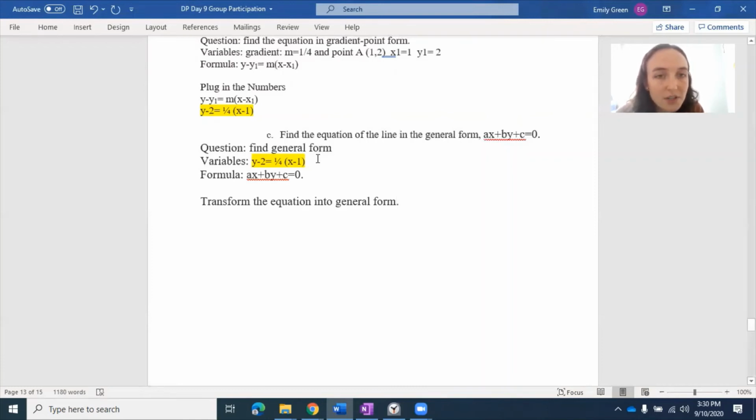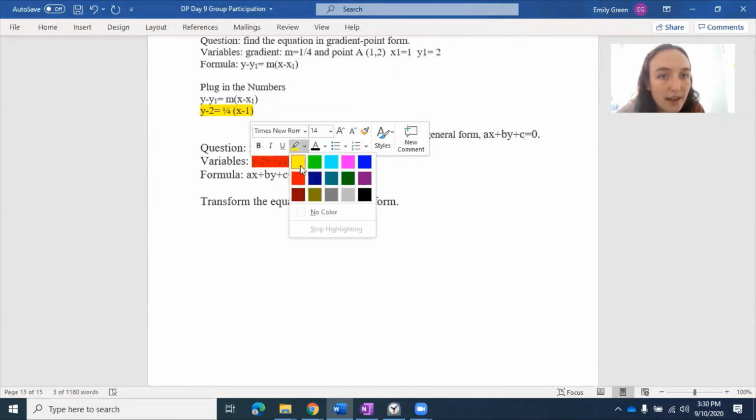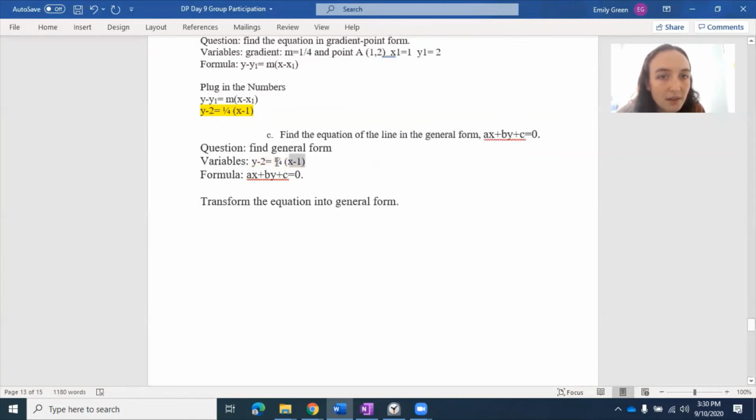So we have this equation already, this y minus 2 equals 1/4 (x minus 1). And we're going to take it now, and we're going to work on changing it. What do we want to do to it?